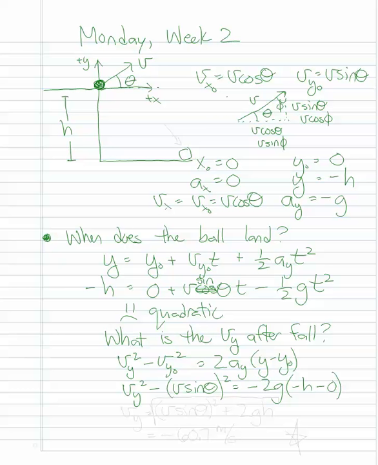Okay, so now what am I going to do? Well, I guess I'm going to solve. So v y is equal to v sine theta squared. So that's a plus sign, plus 2gh. And I'll take the square root of the whole thing, and that's a velocity. Cool. So I'm going to pause now and plug that into my calculator.